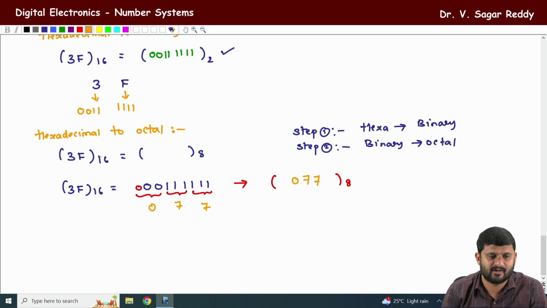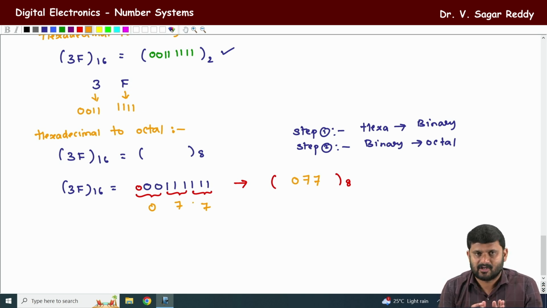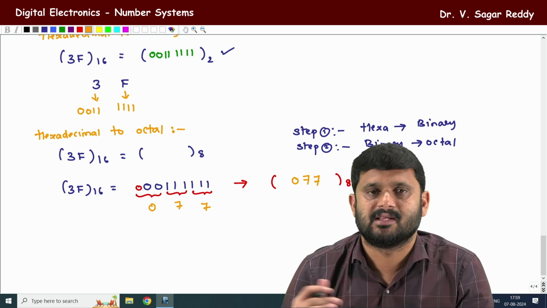This is the octal equivalent for the given 3F in hexadecimal. I hope you understand how to convert binary, octal and hexadecimal to another number system.